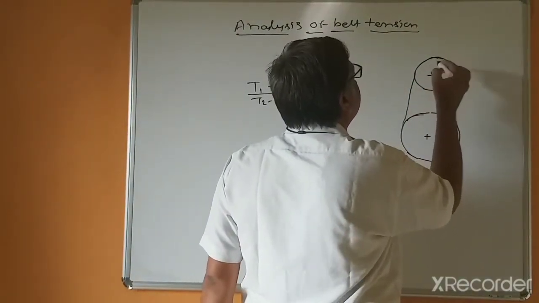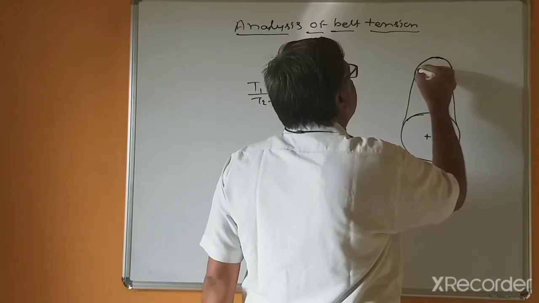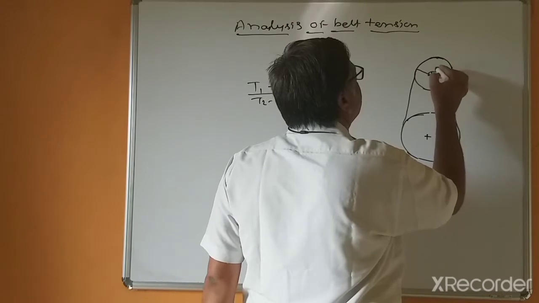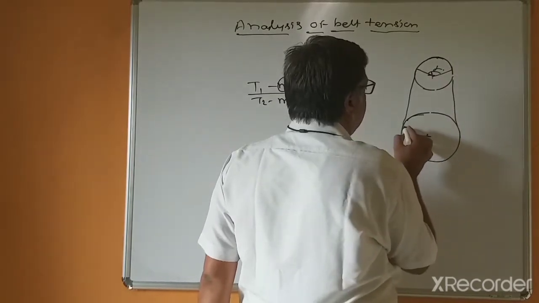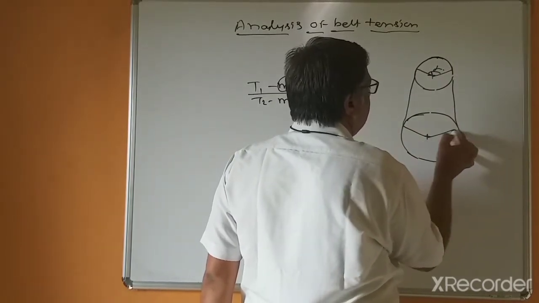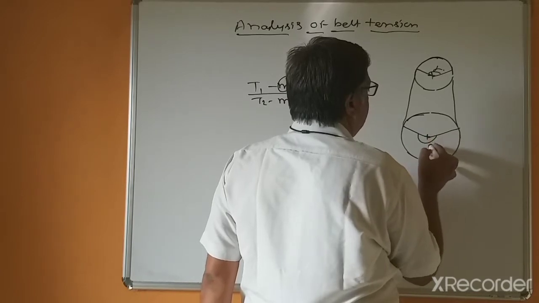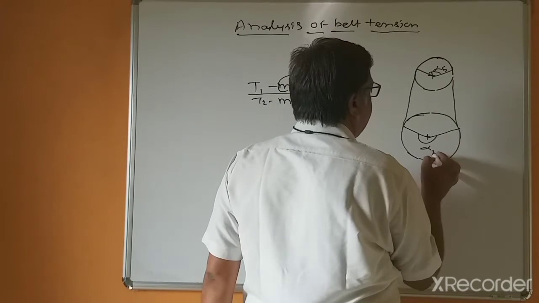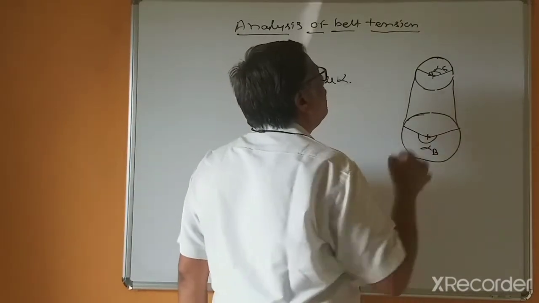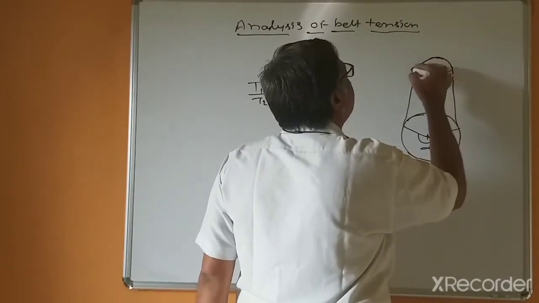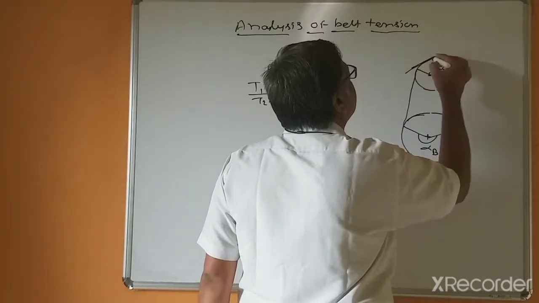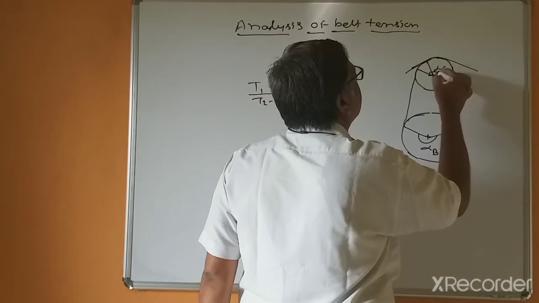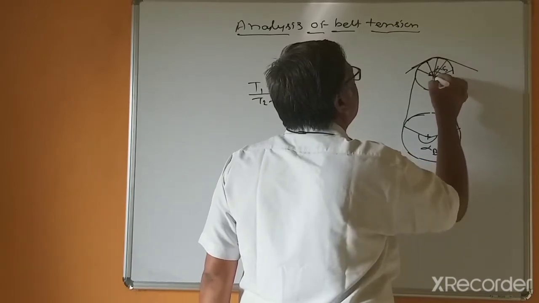So here, because of the centrifugal tensions, alpha s is the wrap angle, this is the smaller pulley and this is the larger pulley. These angles, due to centrifugal tension Tc, add up to the total angle phi.